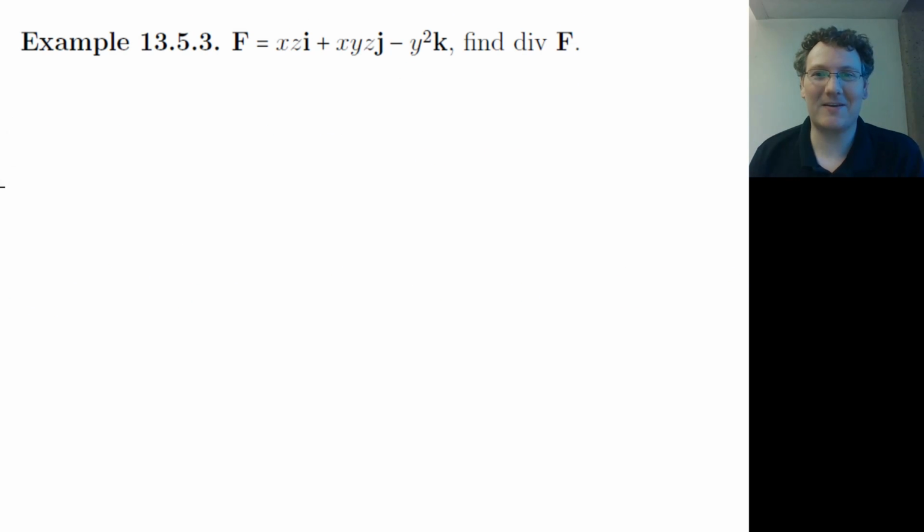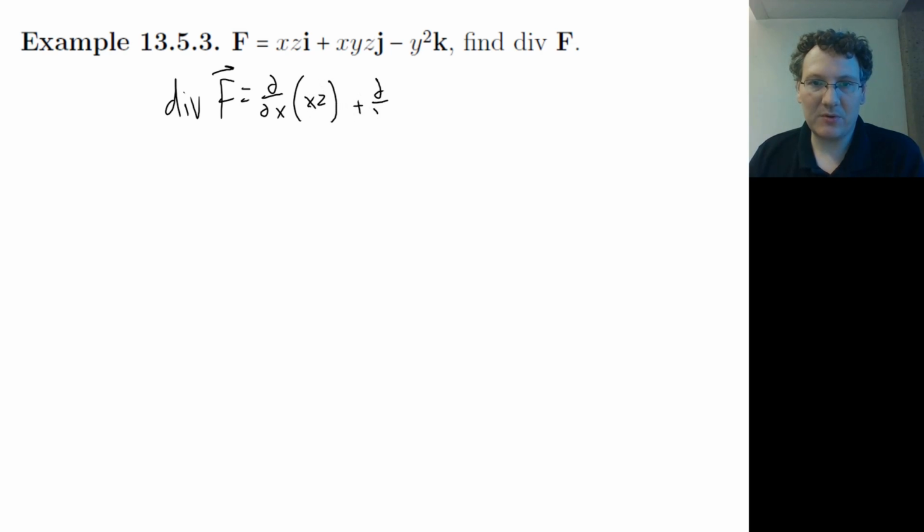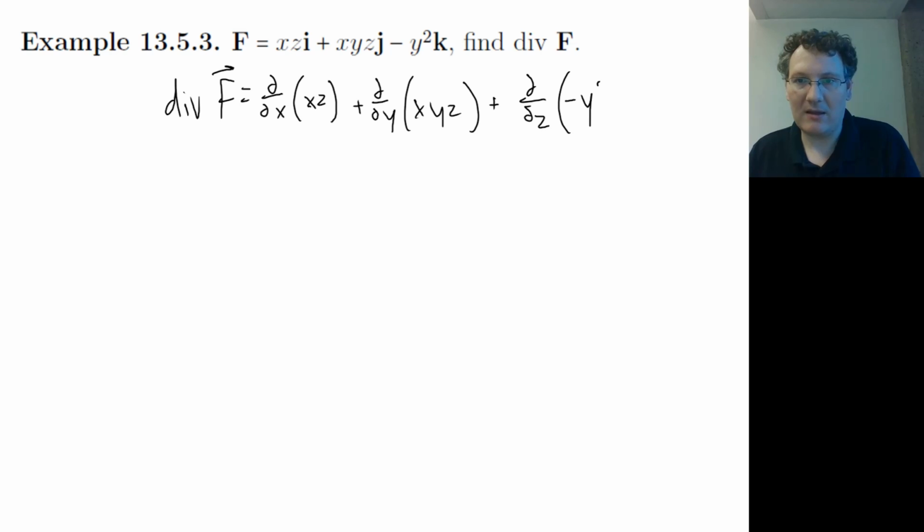Okay, so let's find the divergence of this vector field. Divergence is relatively fast to find because you just take the partial derivative of each of these components with respect to x, y, and z. So the divergence of f is the partial with respect to x of xz, plus the partial with respect to y of xyz, plus the partial with respect to z of negative y squared.